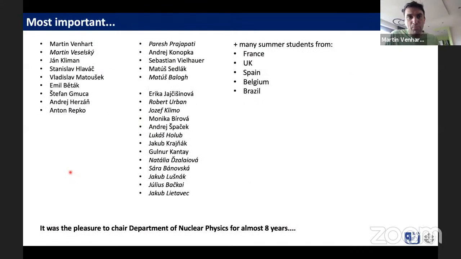So and now the most important thing, it's just to thank all the collaborators from the Department of Nuclear Physics. So this is of course not the present Department of Nuclear Physics. Those in italics are not anymore working with us. Most of them were just students. Some of them did their thesis with us. Some of them just passed by for a shorter or longer time, but still it's quite long.